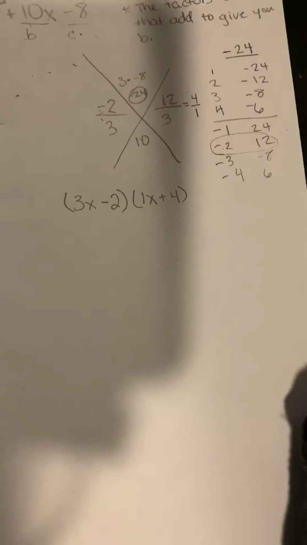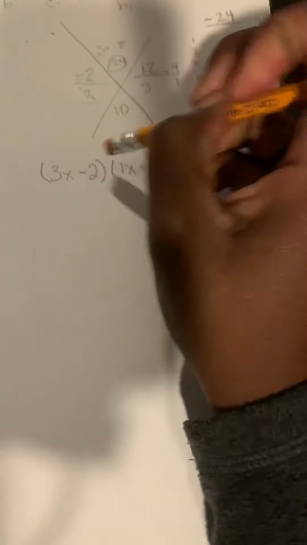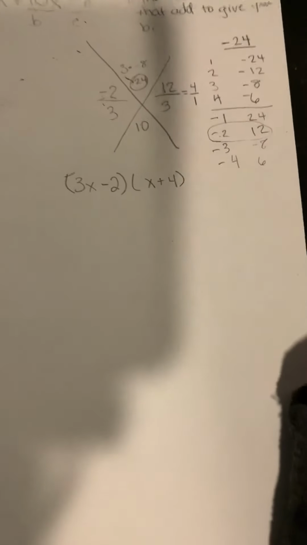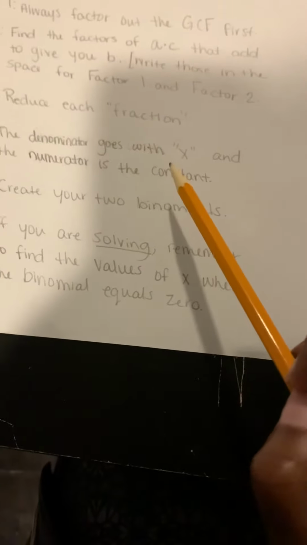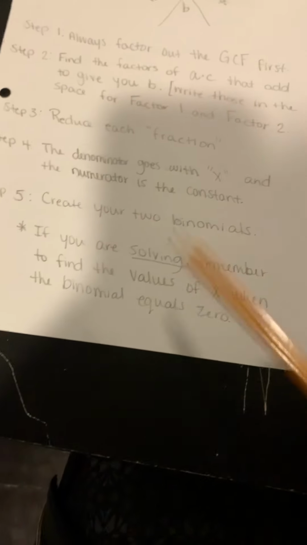So 1x, and then plus 4. These would be your two binomials. Also, if you have 1 with your variable, you don't have to write that 1. It would just be x plus 4. After we put the bottom number with x and the numerator with the constant, we are done. We created our two binomials and we have factored.